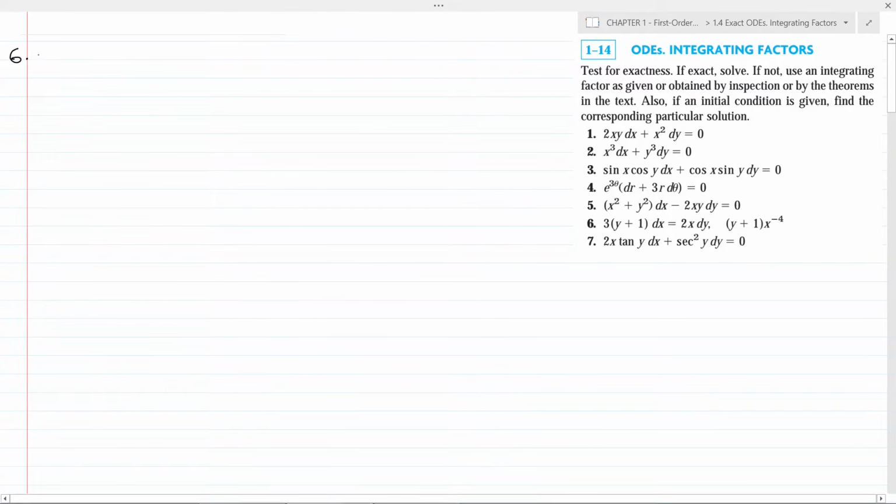Question 6. The differential equation given is 3(y+1) dx equal to 2x dy. Now we can rewrite this equation as 3(y+1) dx minus 2x dy equal to 0.